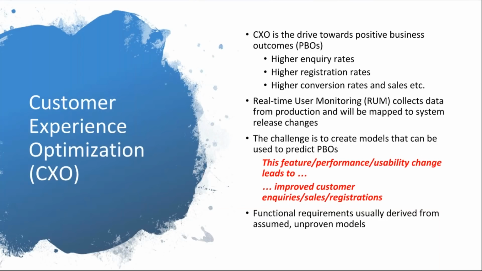So customer experience optimization is about driving towards positive business outcomes, these PBOs, whatever they are: inquiry rates, registrations, conversion, sales. So when we monitor in production the behavior of our software, our business systems collect data on business performance, of course, but we're also monitoring all manner of behaviors in our users through, what's it called?